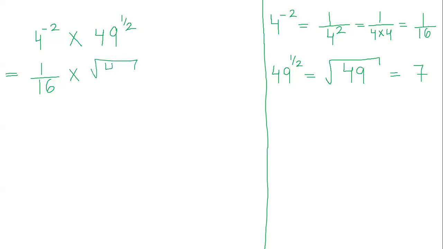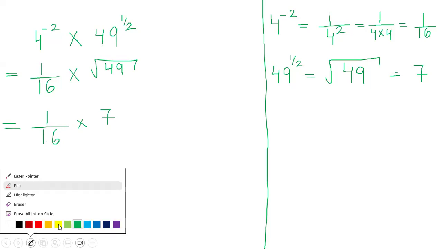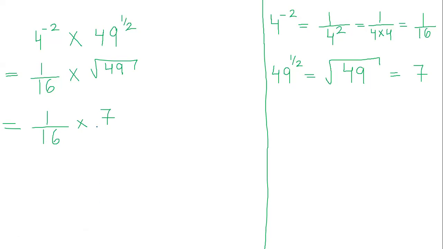And it's gonna be equal to 1 over 16 multiplied by the square root of 49, which is 7. What are you gonna do at this point? Put the 7 over 1, very good. And so we have 1 times 7 and 16 times 1, which is gonna be equal to what?